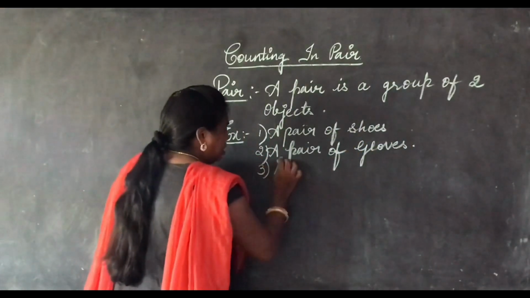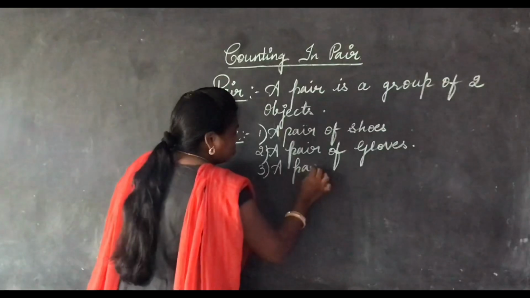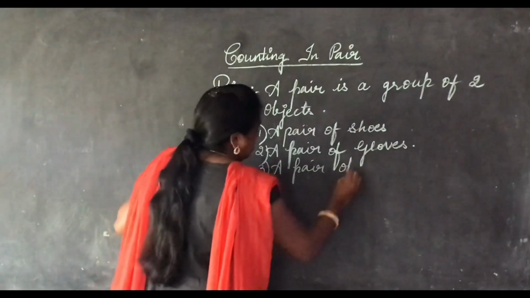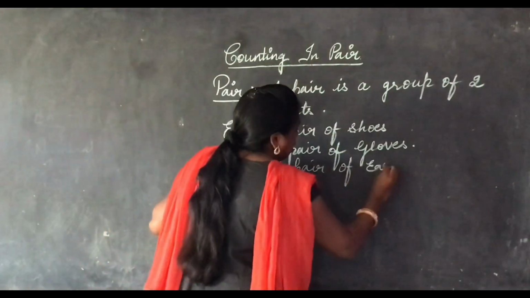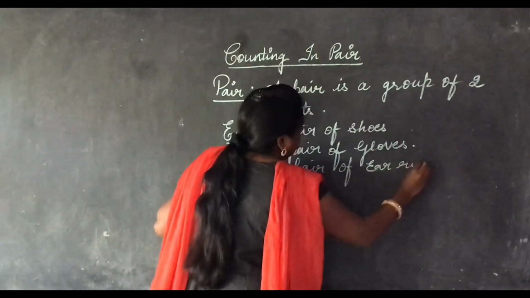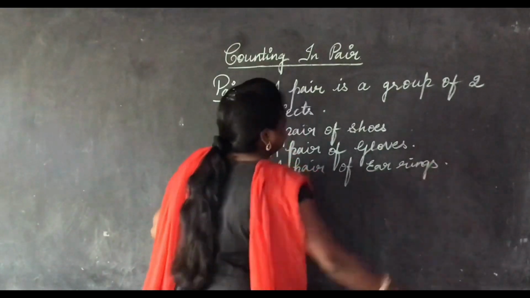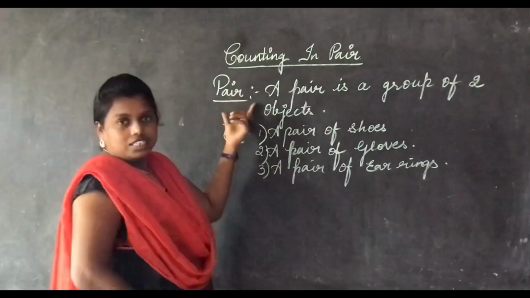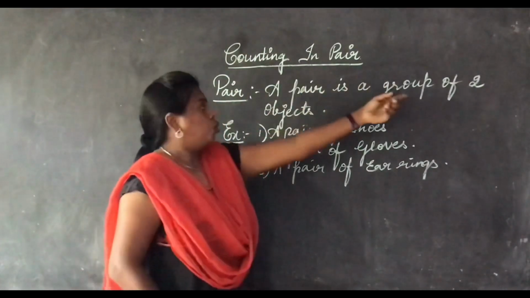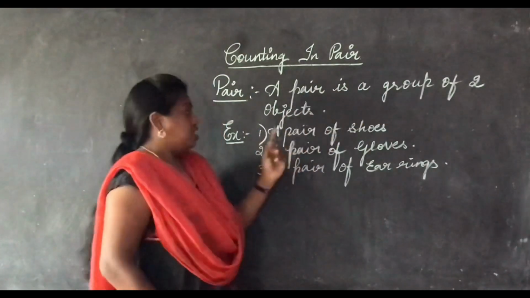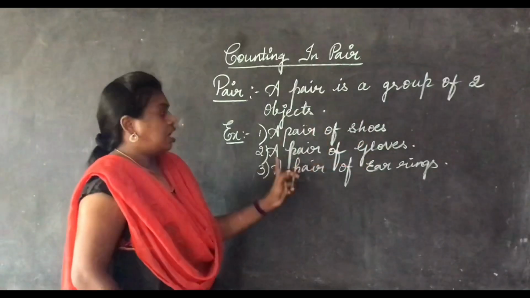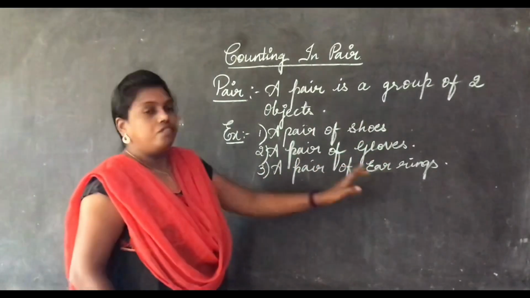Third example, a pair of earrings. So these are the examples of pair. What is a pair? A pair is a group of two objects. So a pair of shoes, a pair of glasses, a pair of earrings.